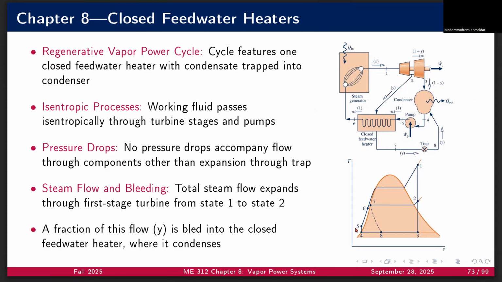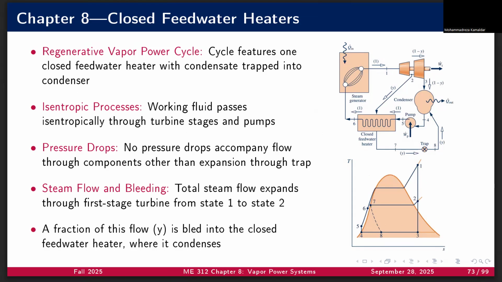Basically, we assume isentropic processes through the turbine stages shown here, 1 to 2 and 2 to 3. As you see, we have a vertical line on this TS diagram, meaning that entropy remains constant. And for the pump work from 4 to 5, the specific entropy here remains constant.